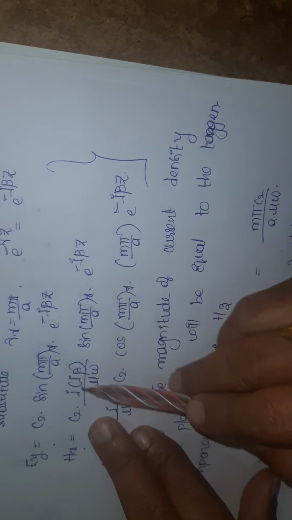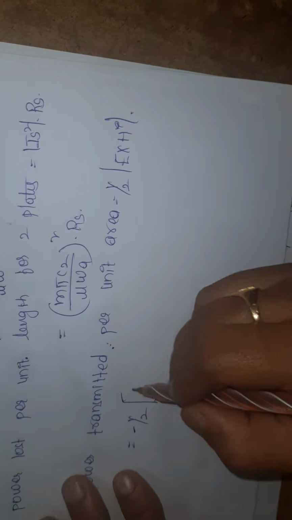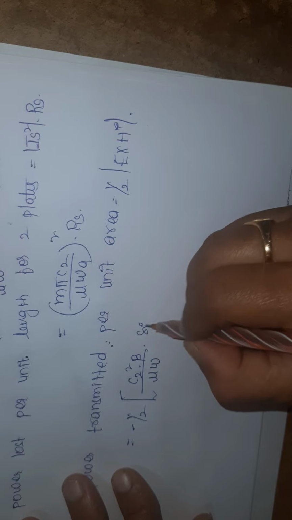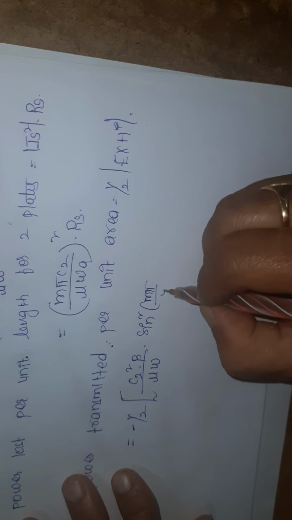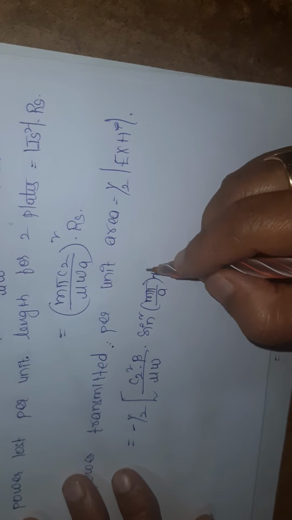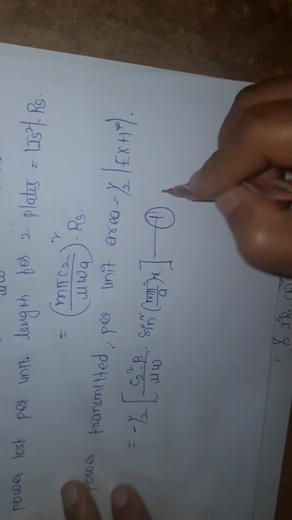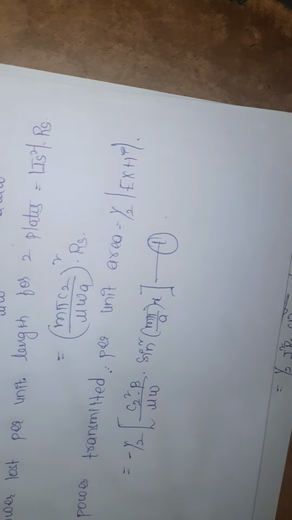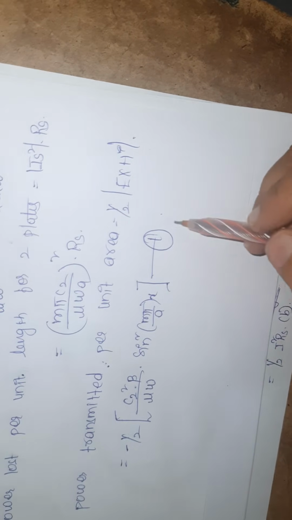This minus I am not considering because in the formula we are having magnitude. Okay, so I will write C2 square beta by mu omega into sine square m pi by a x. So minus 1 by 2 into C2 square beta by mu omega into sine square m pi by a into x. Consider this as equation 1.